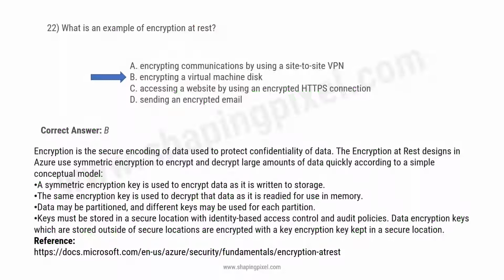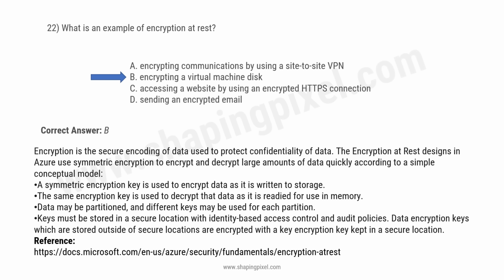So encryption is the secure encoding of data used to protect confidentiality of data. The encryption at rest design in Azure uses symmetric encryption to encrypt and decrypt large amounts of data quickly according to a simple conceptual model. A symmetric encryption key is used to encrypt data as it is written to storage.